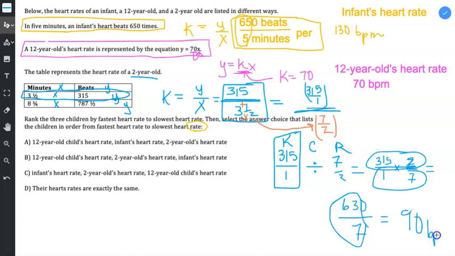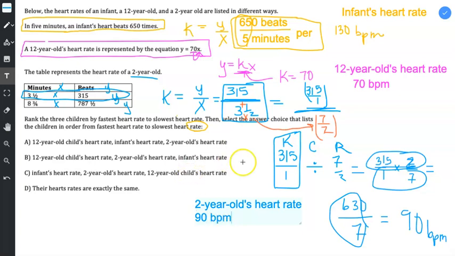So this would be 90 beats per minute. And let's label this. So the 90 beats per minute was for the 2-year-old. So the 2-year-old's heart rate was 90 beats per minute. Oops, not 909. 90 beats per minute.